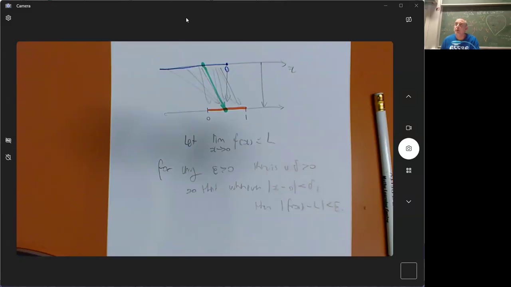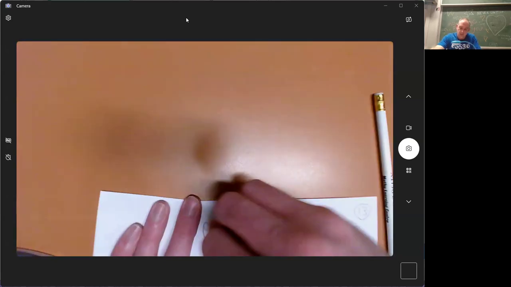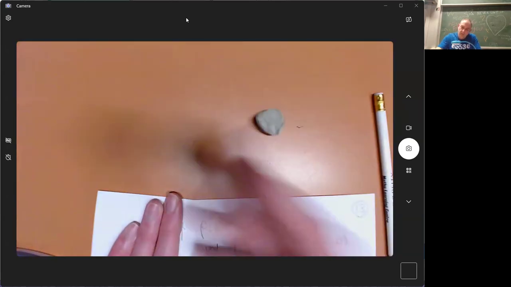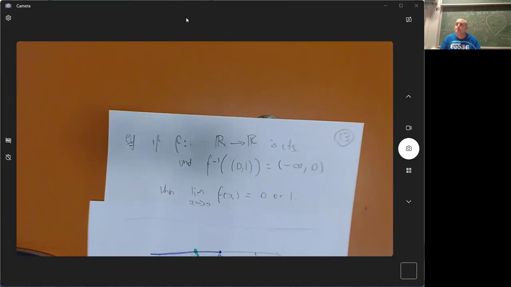Give me a second. I mean, if it was a... Do we know where the domain is in this original question? Is it defined for all of R? Yeah, it's R to R. The question's R to R, and it tells you the pre-image of negative 1 to 0 is 0 infinity.